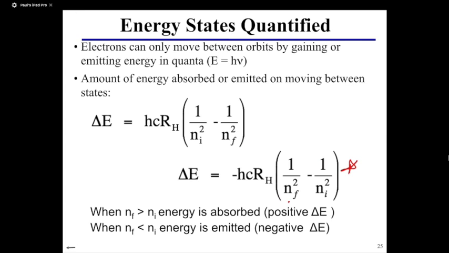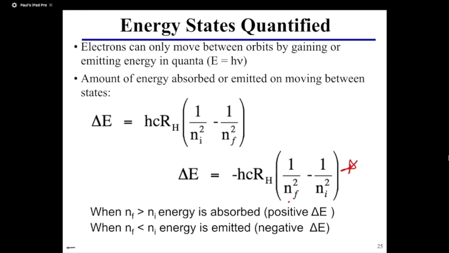A negative energy comes from this. When an electron starts at a high level and goes to a low level, that electron has to emit or give off energy, and that energy could quite possibly be a visible light energy. Okay? It doesn't have to be in the visible light, but it does have to be energy coming off. And so that's what the positive and negative means for energy. It's the flow. Which direction?